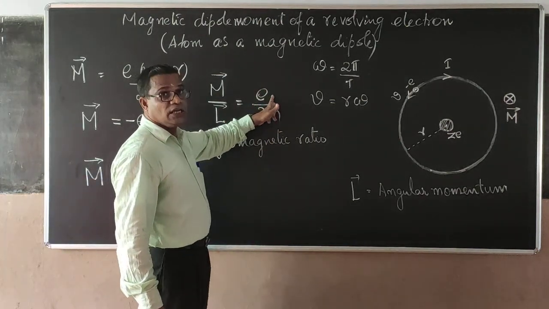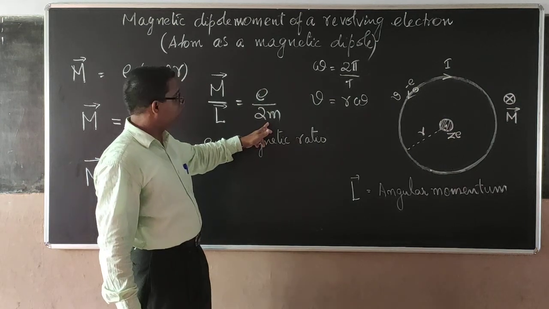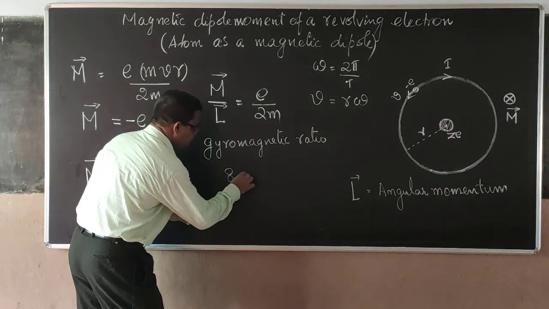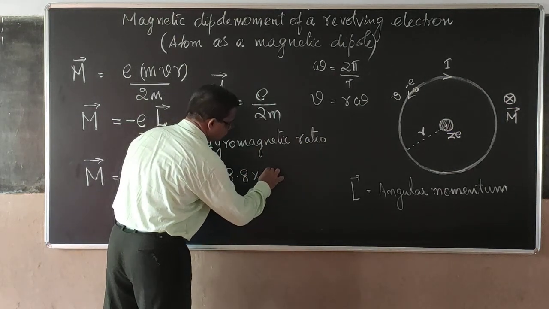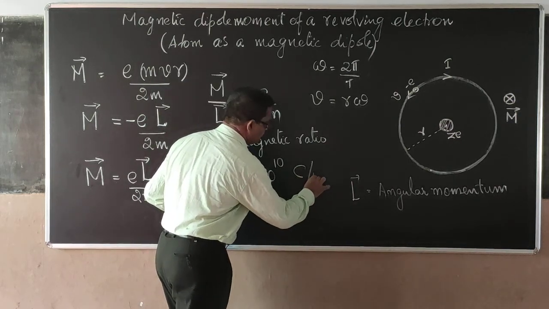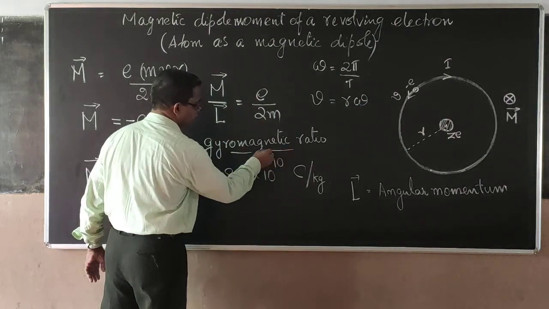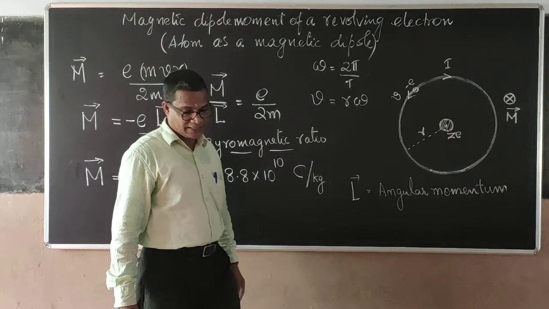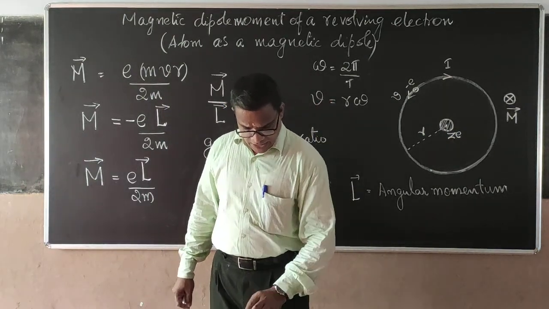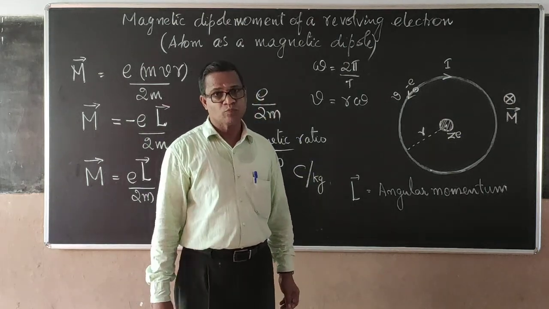And if you substitute the values of the electron charge and the mass of the electron here, you can find that for the electron this will be coming around 8.8 into 10 to the power 10 coulomb per kilogram. So this is an entirely new quantity. Just keep in mind the gyromagnetic ratio, and its value is 8.8 into 10 to the power 10 coulomb per kilogram.